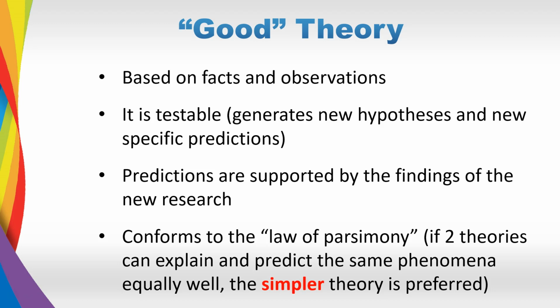Because why put all the extra details in when we can say this is the main part of it? This is really what's predicting it. So we don't actually have to have all of those other details. Okay, so the law of parsimony is another thing that makes a good theory.